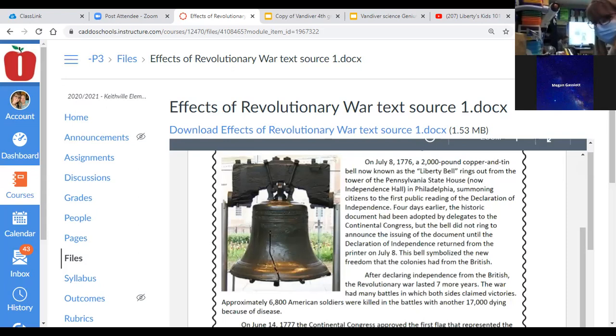First of all, how much does it weigh? What's it made out of? Okay, 2,000 pounds. Copper and tin.